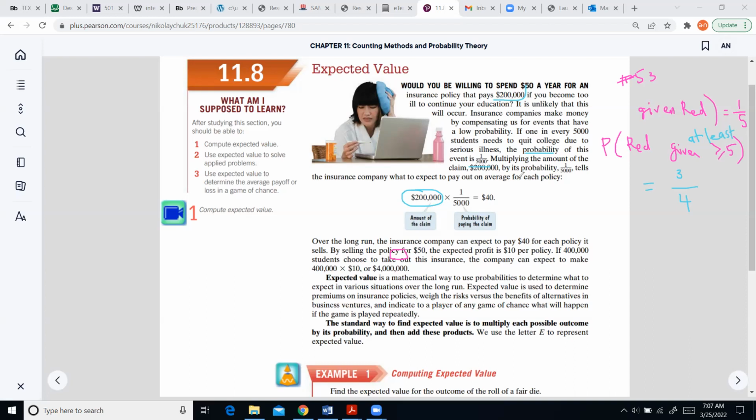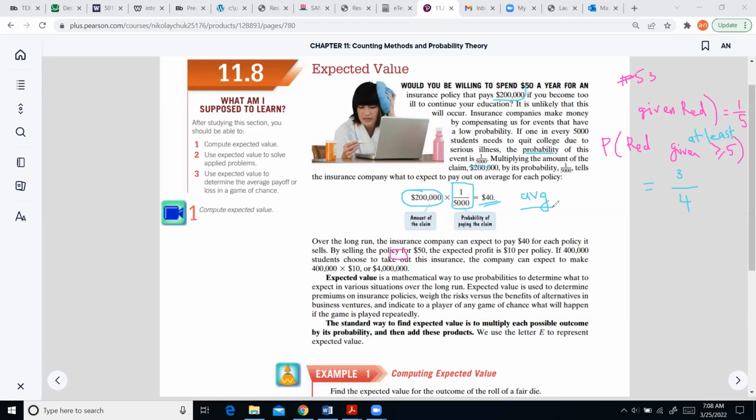So if for these 5,000 claims, they pay 200,000 to one of them, but zero to everybody else. Well, the chance that you will get that 200,000 is 1 out of 5,000. So when you multiply, you will get the average of $40, which is what is expected value.